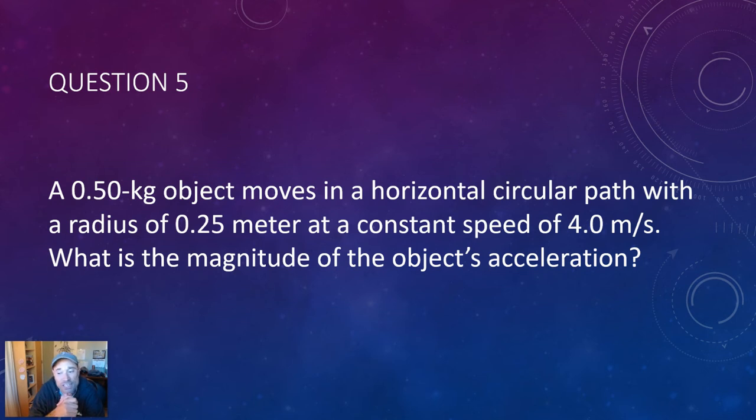And the answer is no. So in that particular case, we can just take the speed, which is 4 meters per second, and square that to get 16, and then divide that amount by the radius, which is 0.25. 4 squared divided by 0.25 gives an acceleration of 64 meters per second squared, which is quite high, but not unreasonable. So 64, and notice that I did not need the mass on that one. All right, we're almost there.